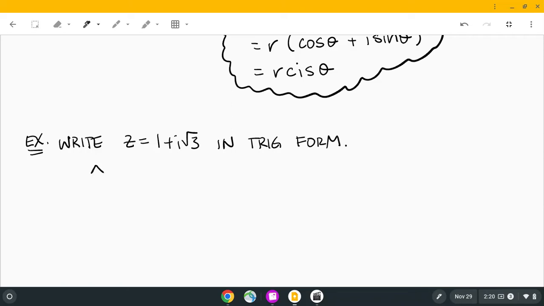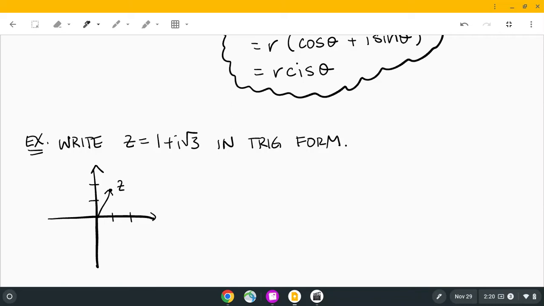Again, it's always helpful to have your complex number graphed. There's 1, and square root 3 is somewhere between 1 and 2. So here's our complex number z.